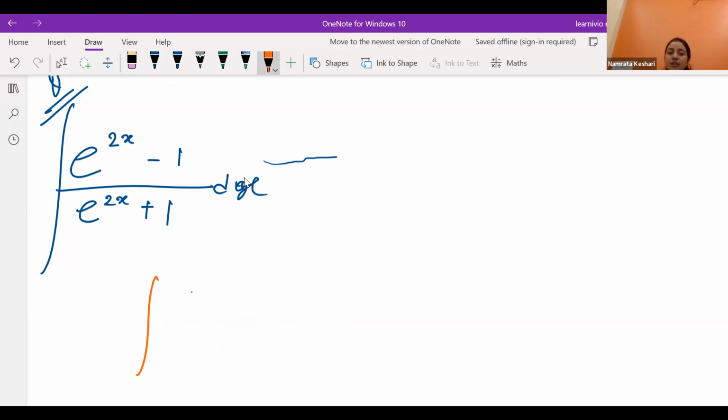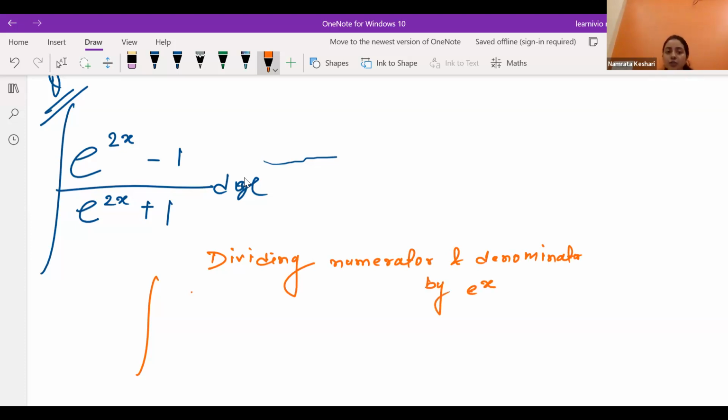Let me write it over here, dividing numerator and denominator. In any function, multiplying the same term in numerator and denominator, dividing the same term in numerator and denominator, that is acceptable. So here we are just dividing numerator and denominator by e to the power x.